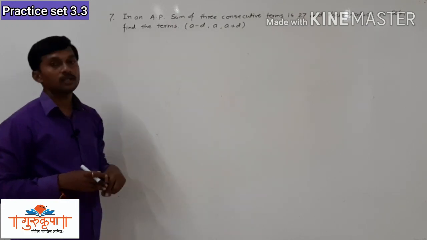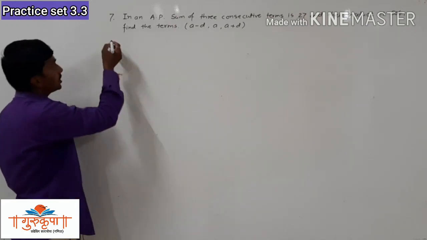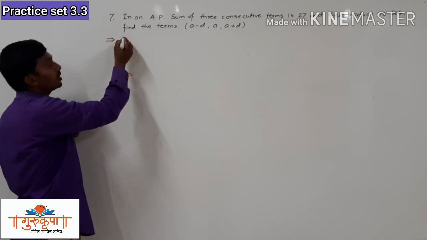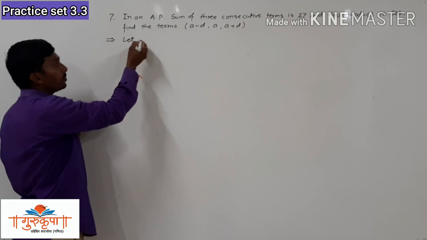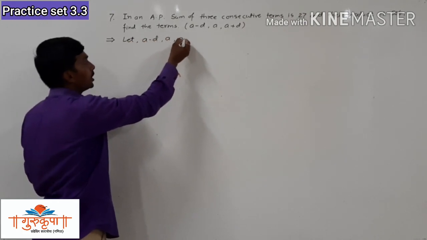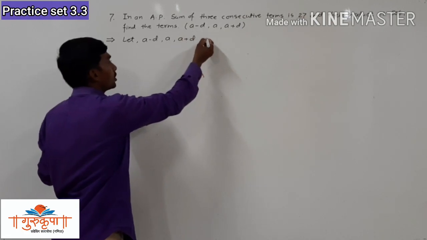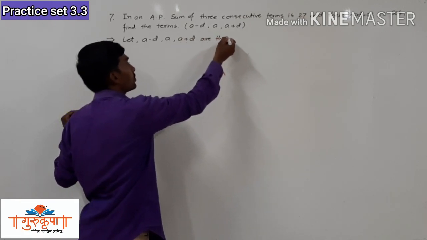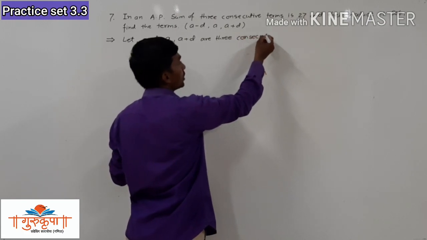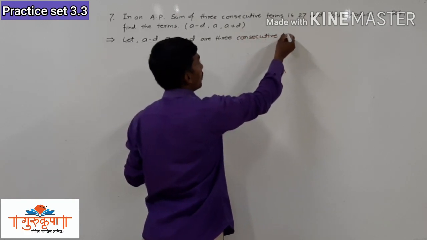Find the terms. So here first we will consider the terms. Let a minus d, comma a and a plus d be 3 consecutive terms of an AP.